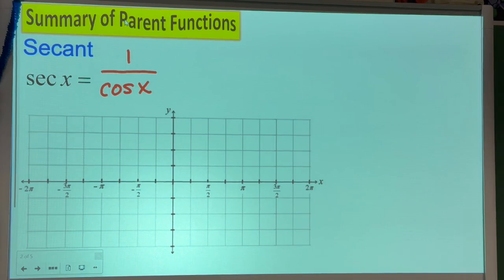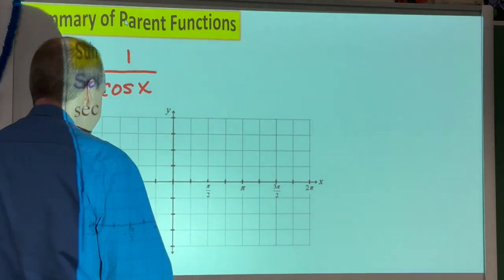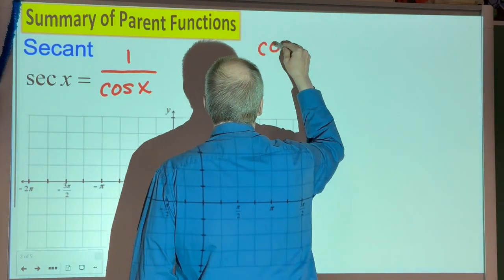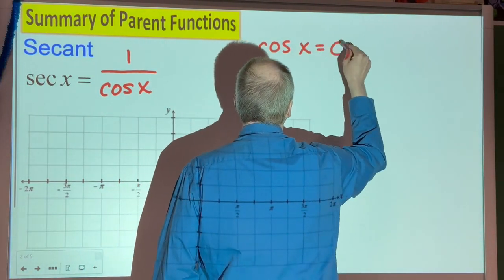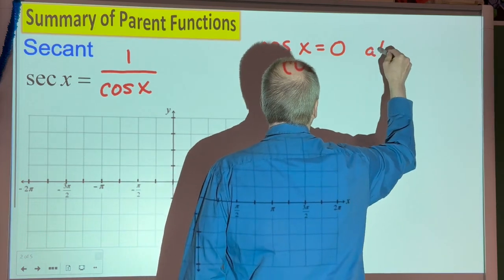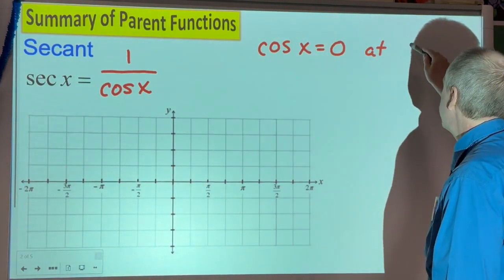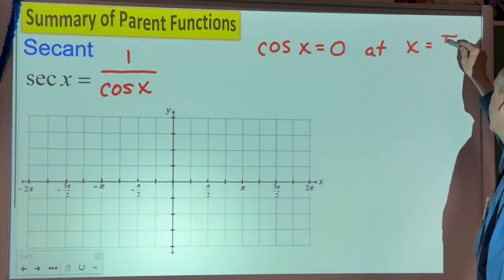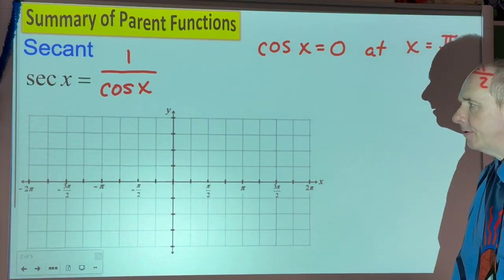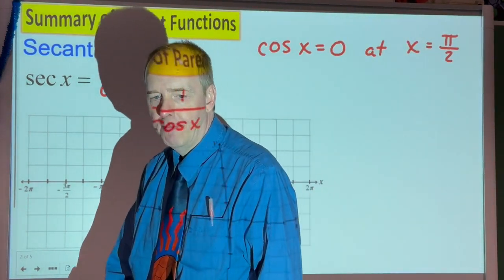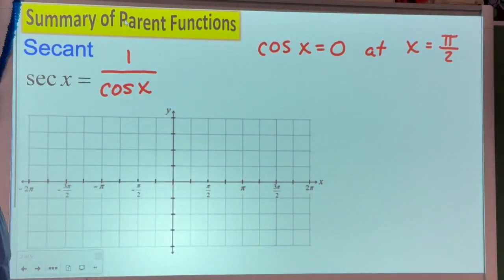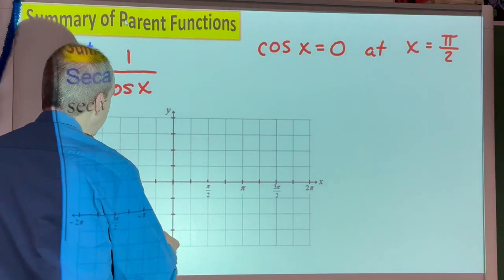Think of your unit circle if you need to. Cosine is 0 at what? Well, when x is pi over 2, 90 degrees. That's one of them. So let me graph my cosine function.